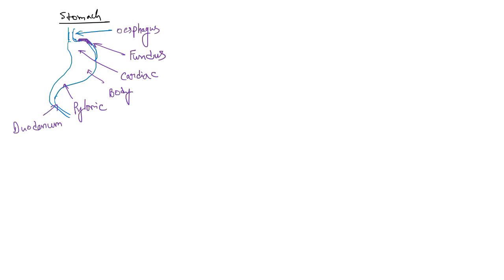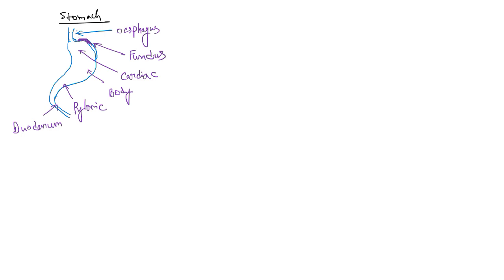Okay. And now in these 4 different structures, fundus, cardiac, body, pyloric, in some cases people only talk about fundus, body and pyloric region. But here we have these 4 structures. We generally talk about the 4 structures.